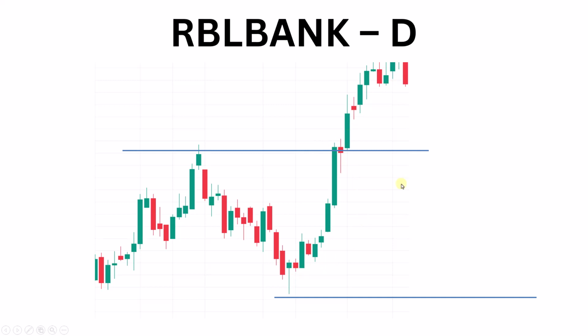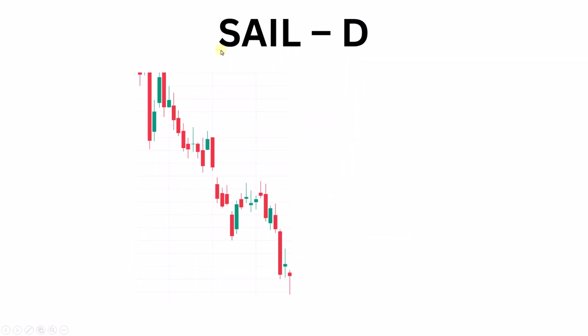All right, yes. Next, the chart of SAIL. So price was in a downtrend. It moved up slightly here, then it came down, and we have got a hammer. You can enter the trade in three ways. You know the three ways.